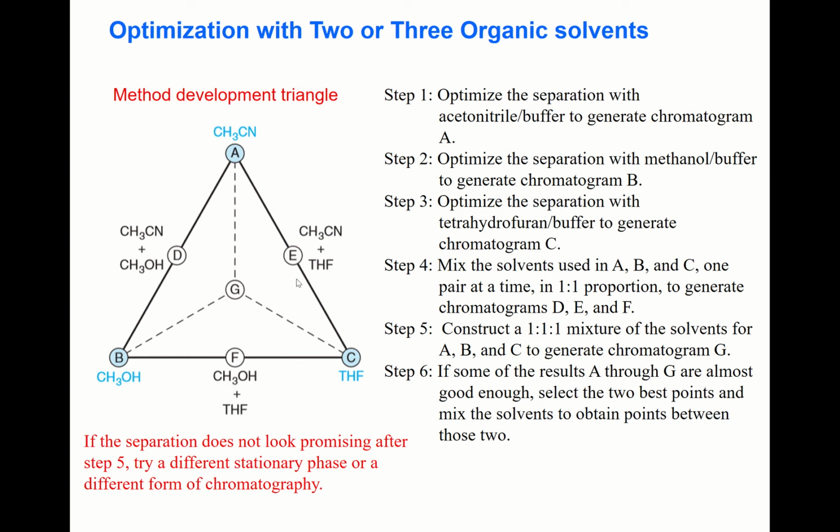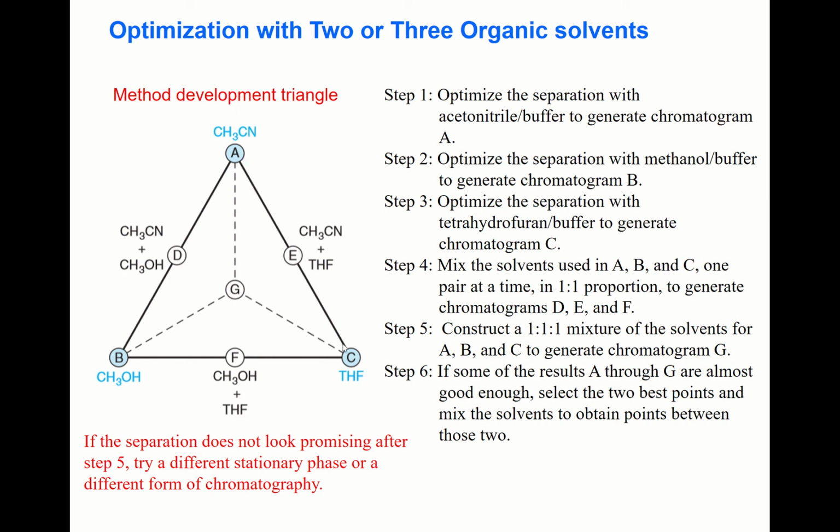And then E, between A and C, is the combination of acetonitrile and tetrahydrofuran. Of course, in all these cases, we mix these solvents with aqueous buffer. And here the middle is the G. G is the combination of all three solvents and water.